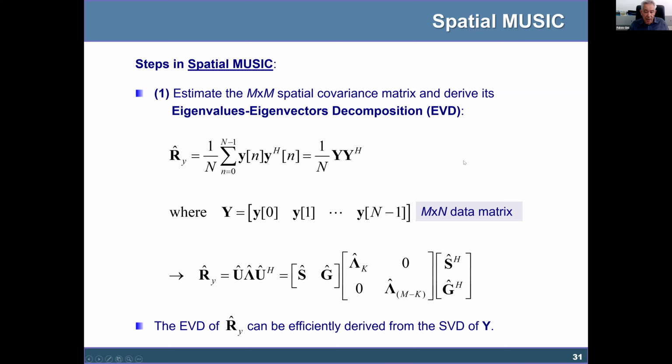So it's an M by N data matrix, where you put all the snapshots one after the other. If you build Y in this way, you can express the sample covariance matrix as 1 over N Y Y Hermitian. So you calculate this matrix, then you calculate the eigenvector decomposition.